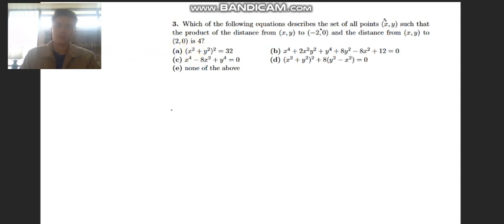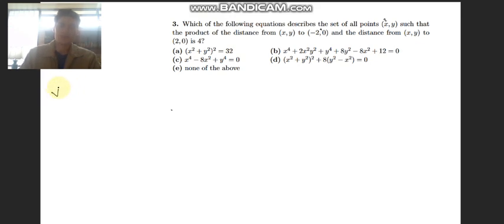So we multiply two distances, and that is equal to 4, and we find a formula with that, simplify it, and see if it matches one of the options or none of the options. So let's see.